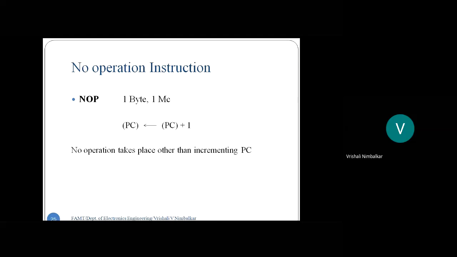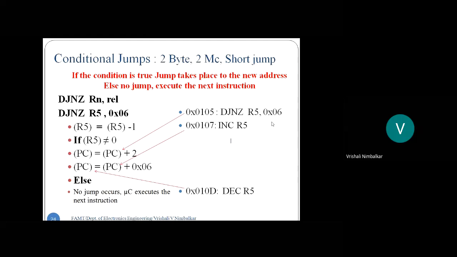How far it will be, 6 locations ahead or 6 locations behind, will be calculated by the assembler. In your exam paper, they will give you some program and they will tell you that if the jump is going to happen, if the jump condition is true, what will be the program counter address where the jump is going to occur.